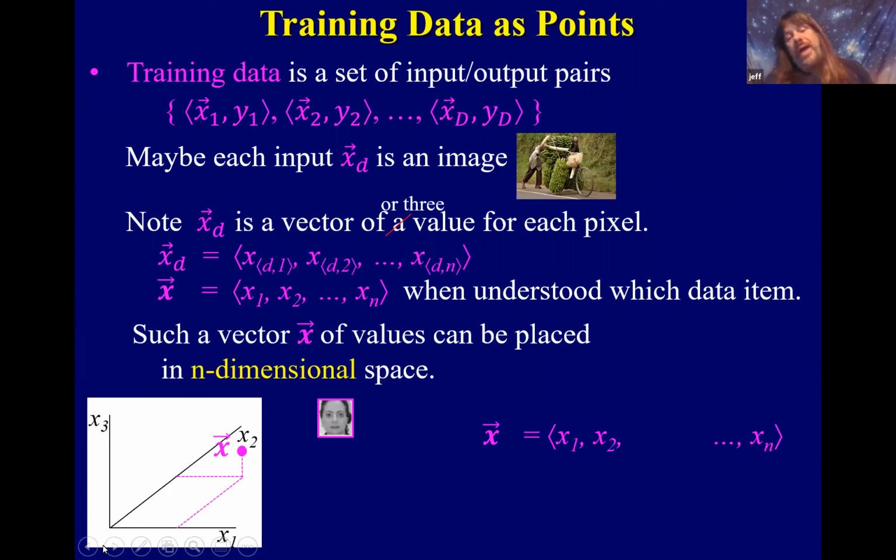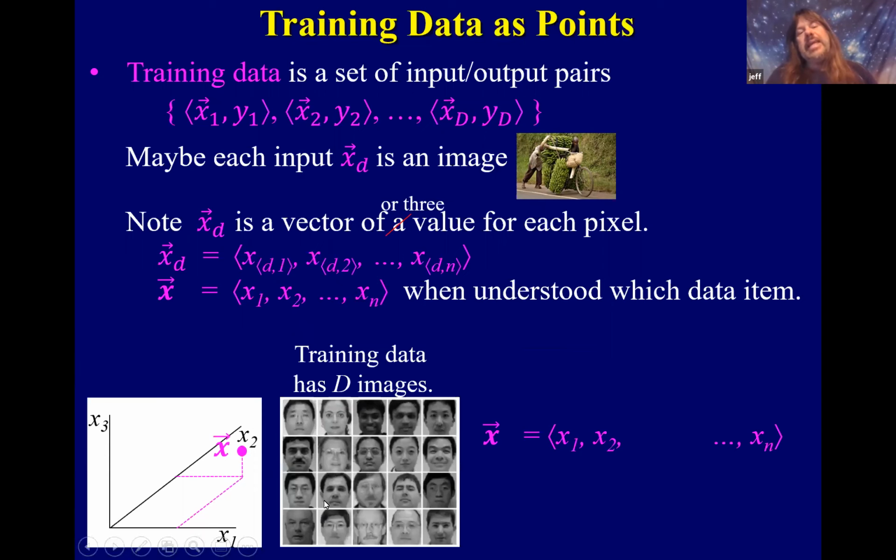The brightness of your first pixel is this dimension, the brightness of your second pixel, your third pixel. It all places the image as a point in this space. Of course, you have lots of pixels, so it's a very high-dimensional space, but that's okay.